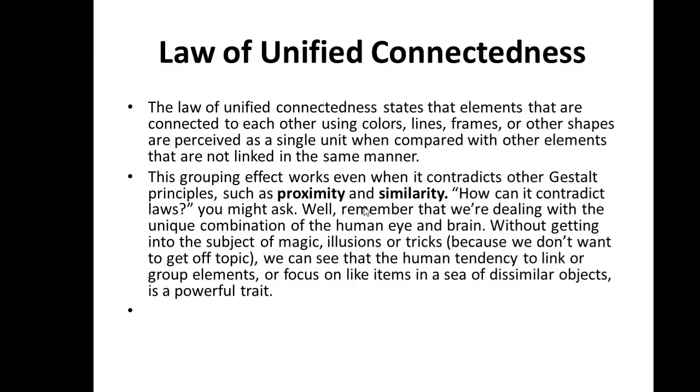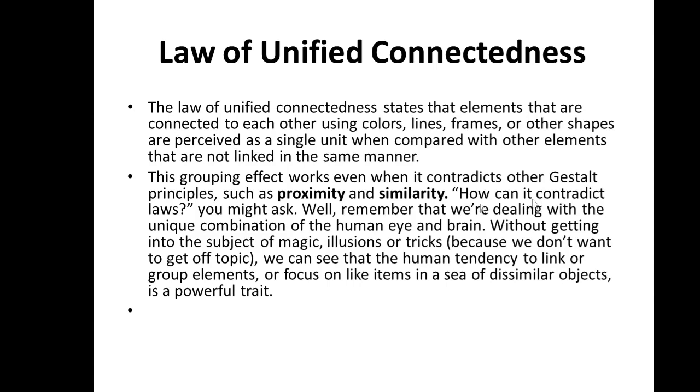Law of unified connectedness. The law of unified connectedness states that elements that are connected to each other using colors, lines, frames, or other shapes are perceived as a single unit when compared with other elements that are not linked in the same manner. This grouping effect works even when it contradicts other Gestalt principles such as proximity and similarity.